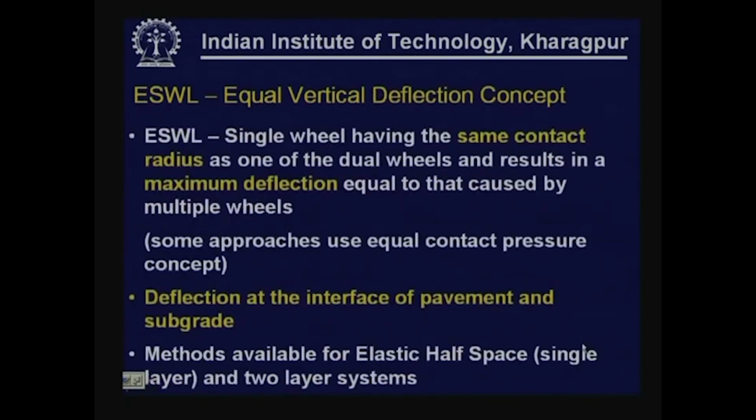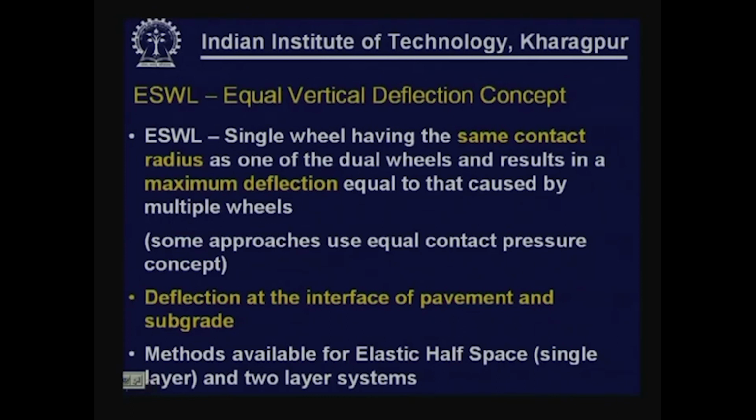We can also adopt equal vertical deflection concept. In this approach, single wheel having the same contact radius as one of the dual wheels or as one of the multiple wheels that are there, and resulting in a maximum deflection equal to that caused by multiple wheels.